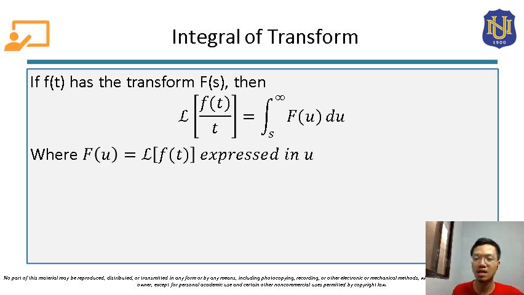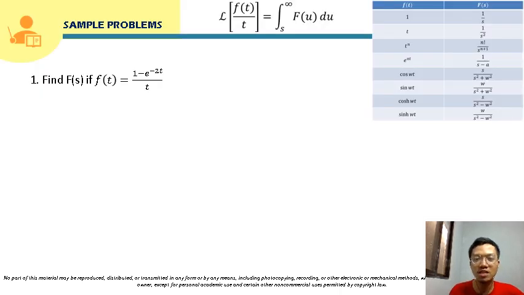Okay, so let's try to solve some problems for this theorem. For sample problem number 1, find F of s if f of t is equal to (1 minus e raised to negative 2t) over t. There's actually a t here, so the denominator is t, and we can apply the integral of transform.